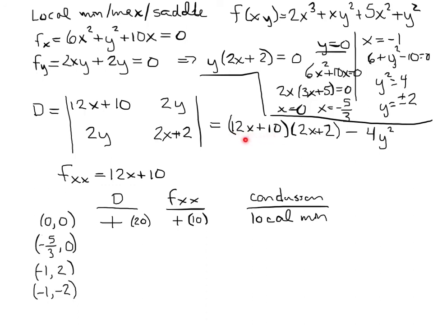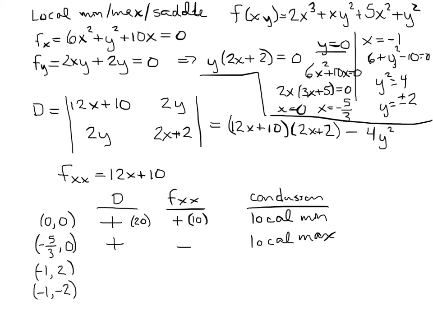So this guy's going to be negative, and so will this one. So negative times negative is a positive. So now I have to look at that second derivative, and we've already determined it was negative just by looking at that first part. So this one is a local max.